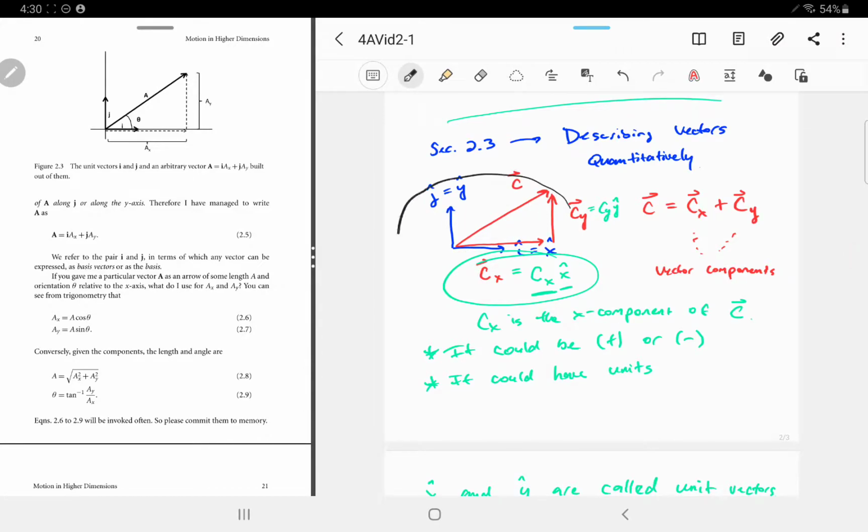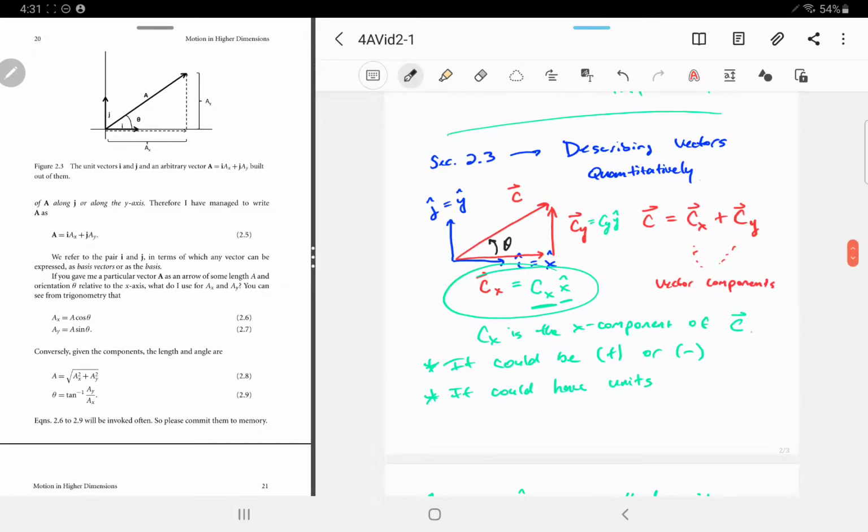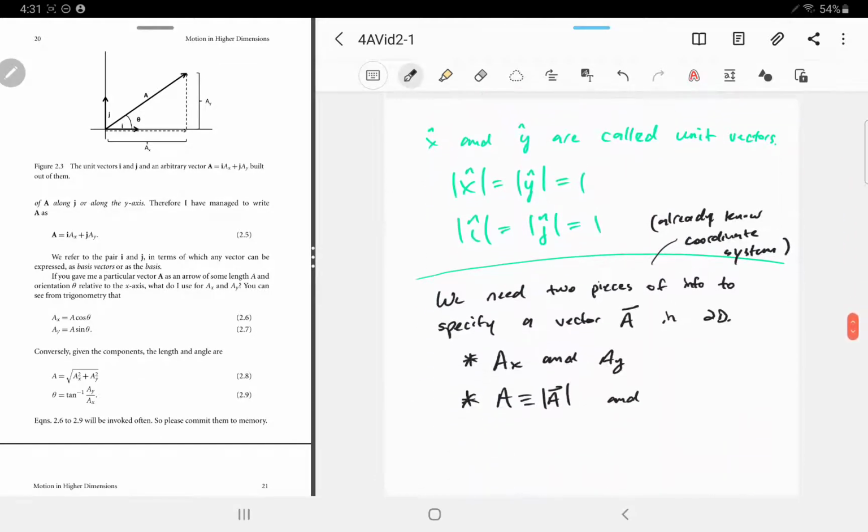There's a whole circle full of points that all have the same length of vector from the origin. So we would need to specify, say, the angle, where it's understood that the angle is measured counterclockwise from the plus x axis. So you could be given magnitude and direction, and some angle.